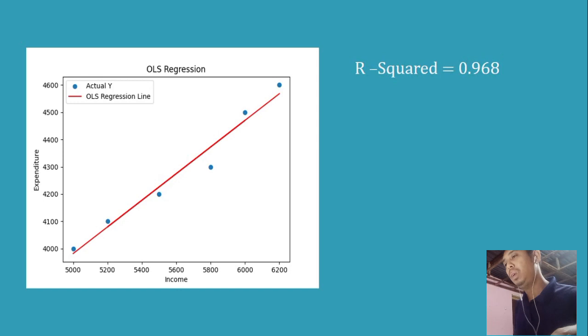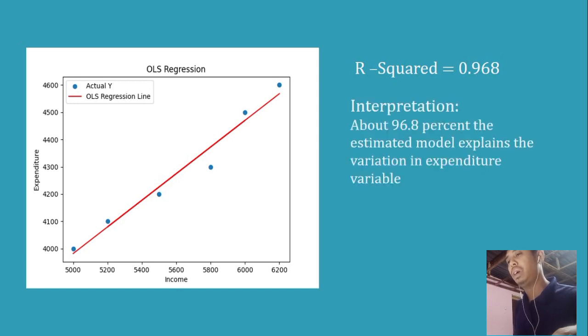We see that the blue dots almost fit the red line, which is consistent with the value of R square that we calculated. So in terms of interpretation, we can say that about 96.8% of the variation in the expenditure variable is explained by the estimated model.